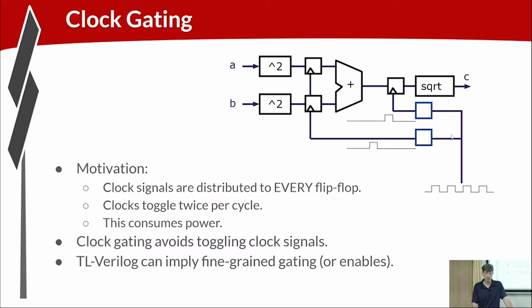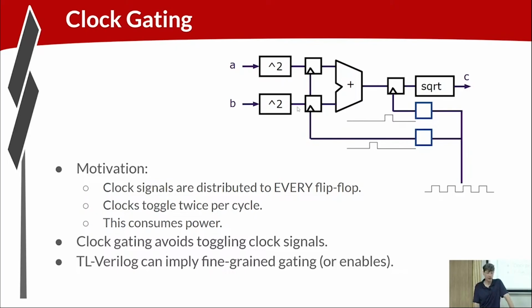A lot of the power in a digital circuit comes from the clock, right? The clock is a signal that's oscillating twice every cycle. So there are a lot of transitions and those burn power. That transition is getting distributed across the entire chip. That connects up to pretty much every flop in your circuit, and the flop is consuming power on that transition. So there's a lot of power burned by the clock network and the transitions of the clock.